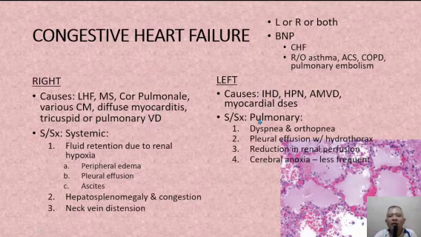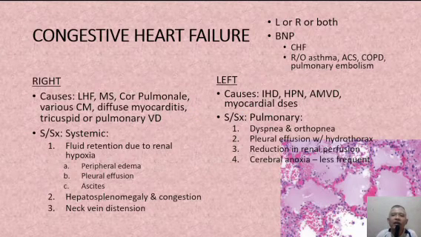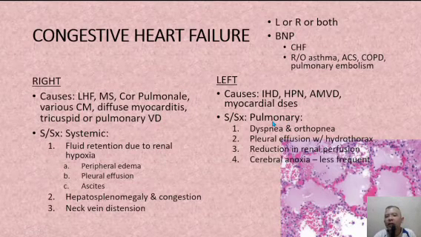So the manifestations. For congestive heart failure, the manifestations are really due to the pooling of blood to the previous chamber. So for example, what's the previous chamber or part before the left side of the heart?